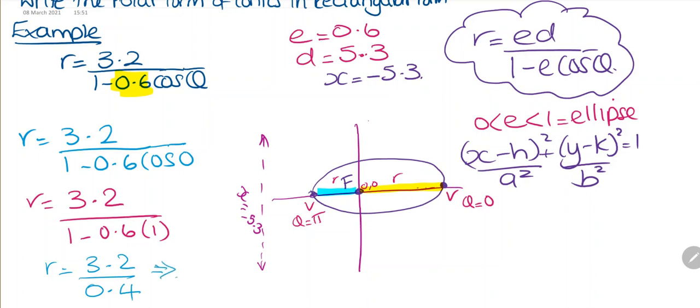So r is going to be 8. This tells us that the point is 8, 0, because this is on the polar axis, or on our x-axis.